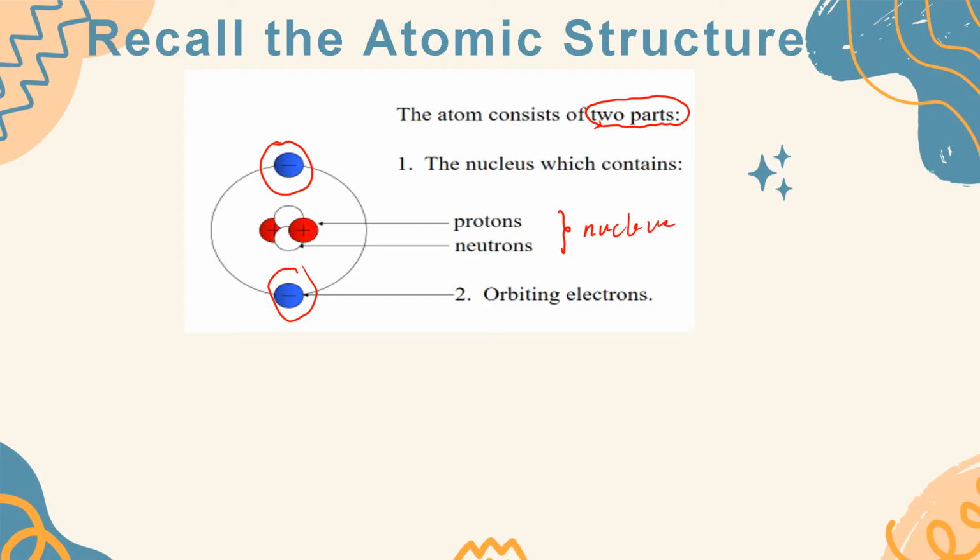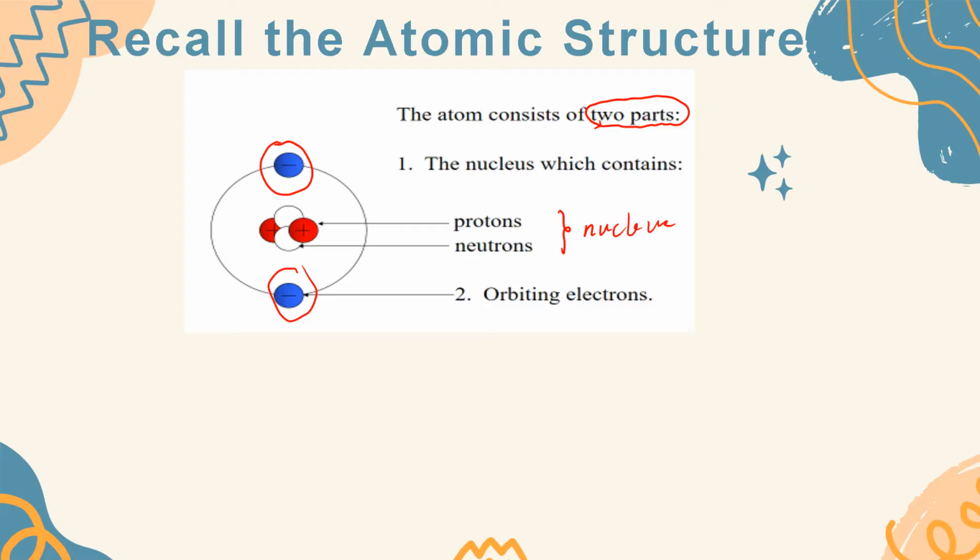You just know that it has a positively charged particle and a neutrally charged particle inside the nucleus. In electrochemistry, we talk more about balancing the electrons, the flow of electrons, and the chemical reactions involved to produce electricity.